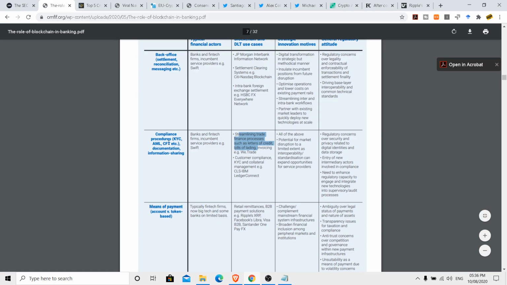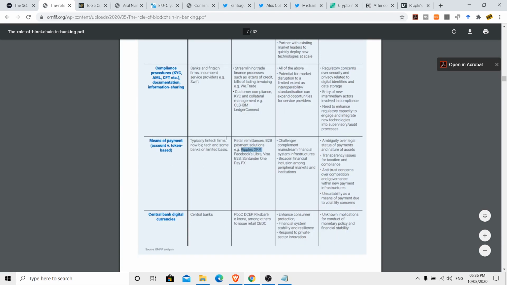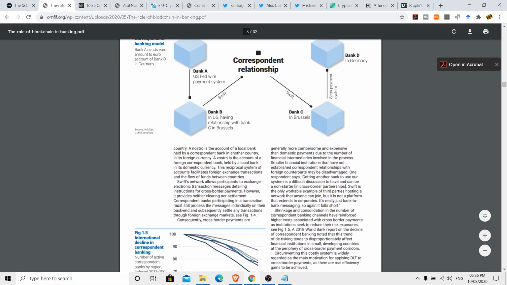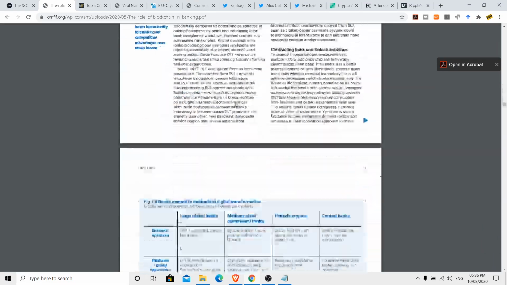So they are looking at the regulatory side, and for payment they are directly naming Ripple's XRP. So there is no doubt that this is being adopted. At the bottom they talk about central bank digital currencies, and as we go further, they talk about interoperability, which is needed for everything.